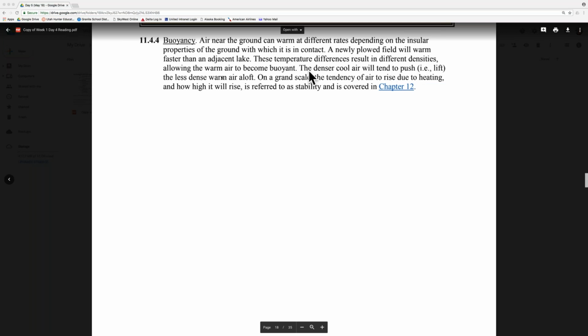And the temperature difference results in different densities, allowing the warm air to become buoyant. Okay. The denser cool air will tend to push the less dense warm air aloft. On a ground scale, the tendency of the air to rise due to heating and how high it will rise is referred to as stability.